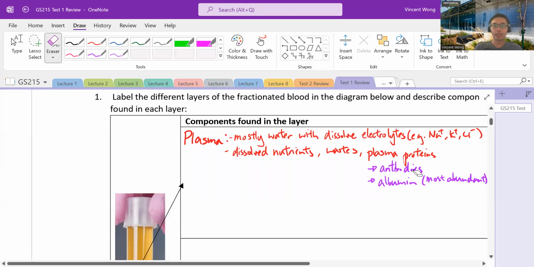Is there any other plasma proteins that are related to the immune system other than antibodies? And we can call these immune proteins, right? As in related to the immune system. So antibodies, what else?